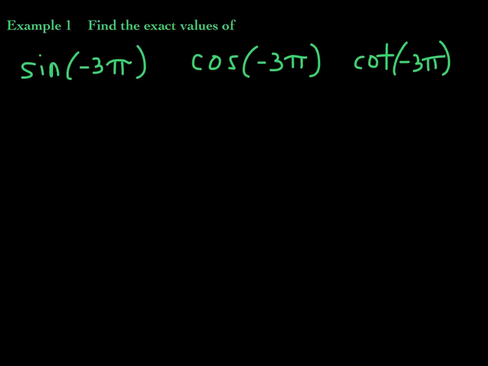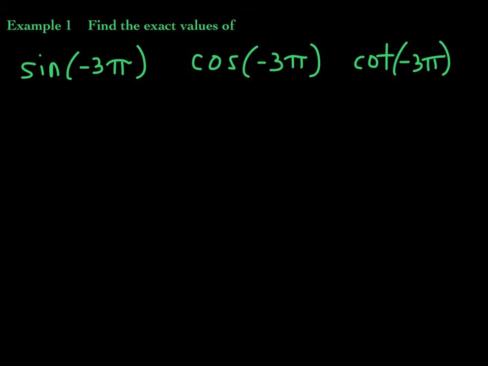Okay guys, find the exact values of sine of negative 3 pi, cosine of negative 3 pi, and cotangent of negative 3 pi. Now, evaluating a circular function at the real number negative 3 pi is equivalent to evaluating it at negative 3 pi radians.